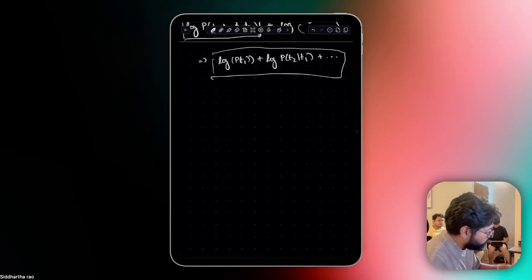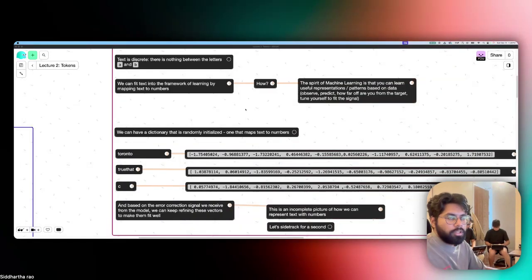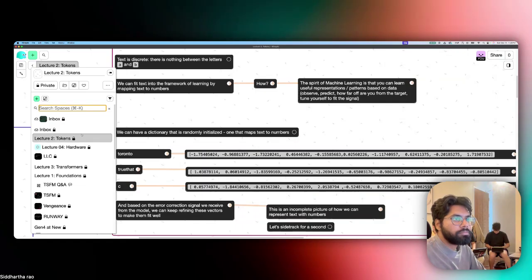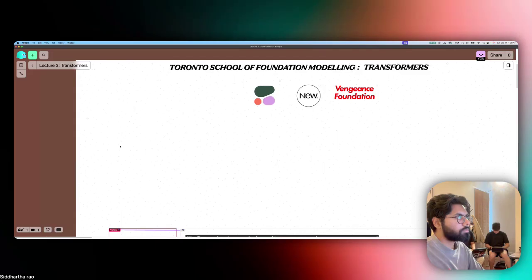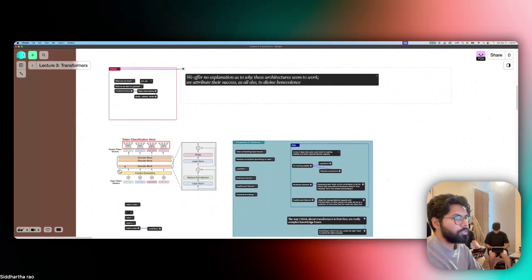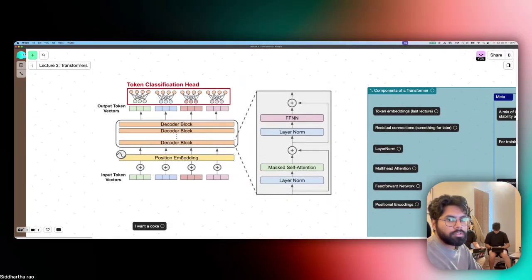Okay. And now we have the model itself. And this is what the transformer architecture looks like.